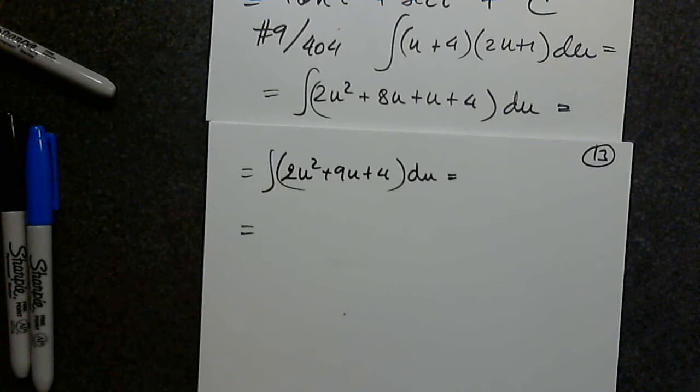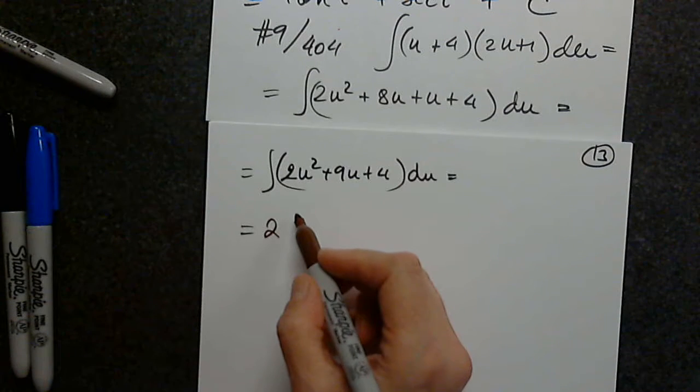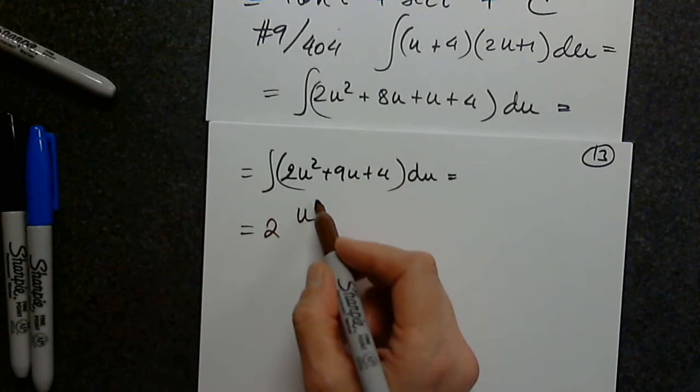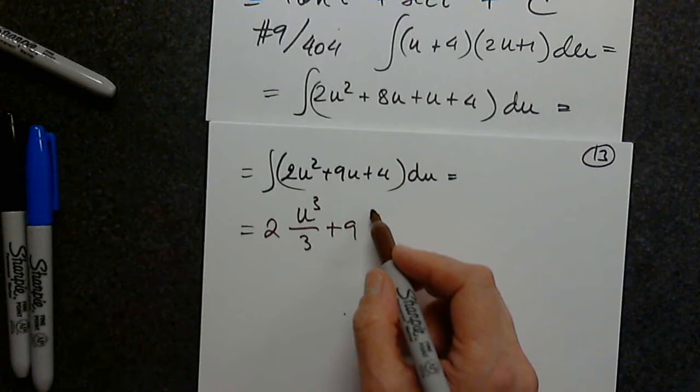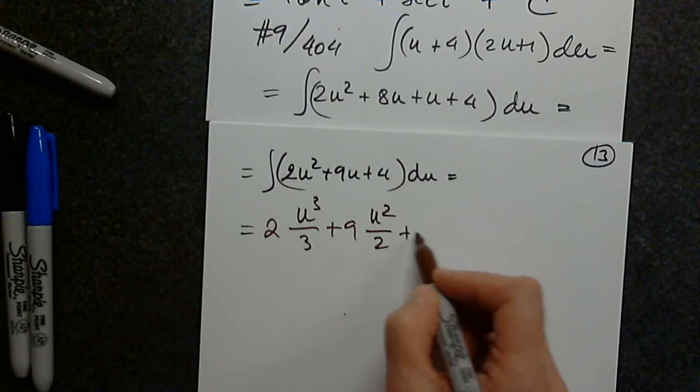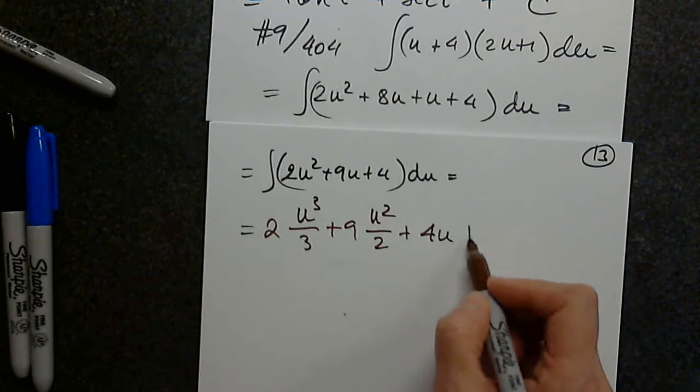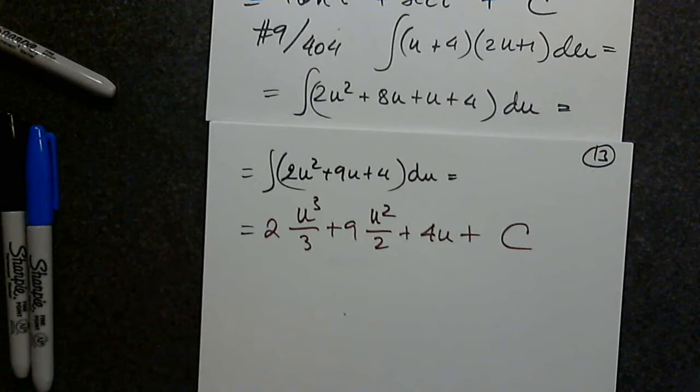And then what do we have? 2u cubed over 3 plus 9u squared over 2 plus 4u plus c. This is it. This is the family of functions.